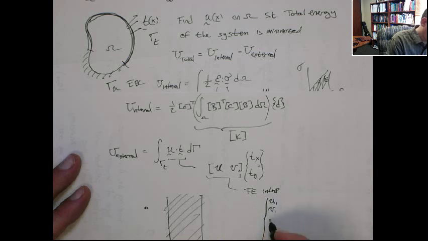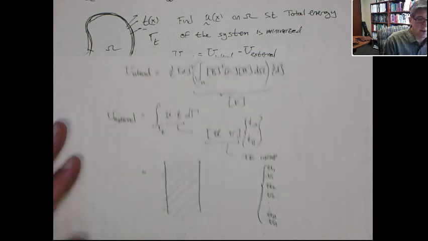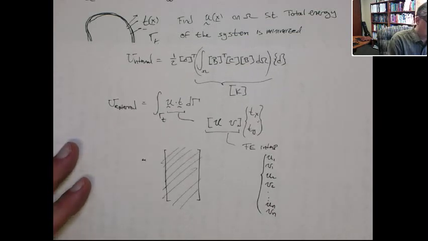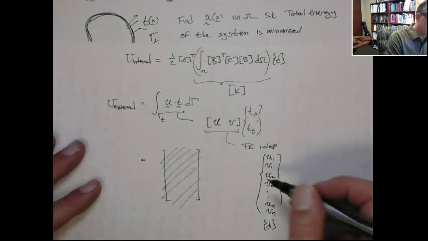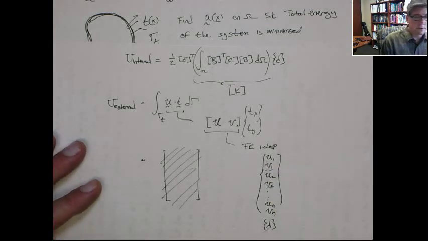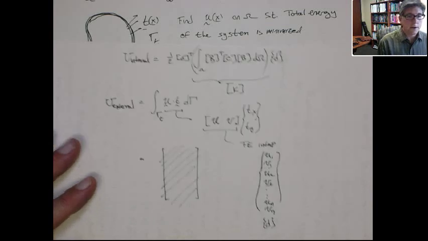U1, V1, U2, V2 to UN, VN. You can't see that, it fell off the page, okay? This is our column vector of nodal unknowns, D, right? So those are the degrees of freedom. And they're usually grouped in this manner, right? By node, and then the degrees of freedom per node, okay?